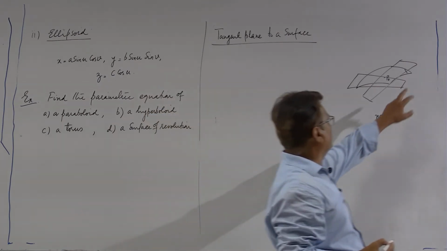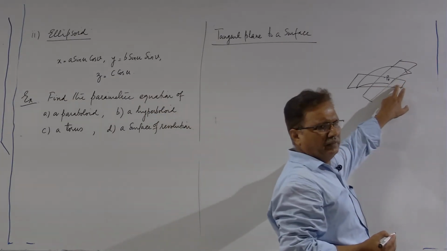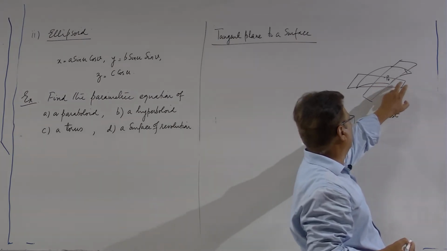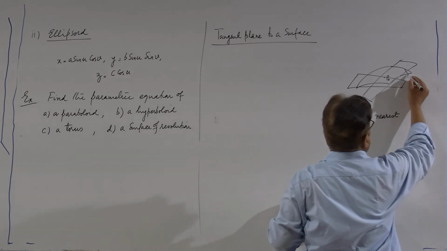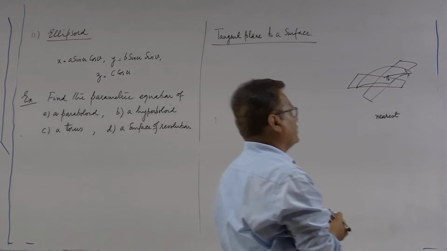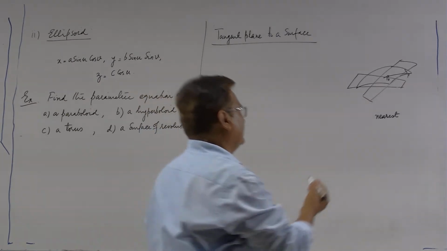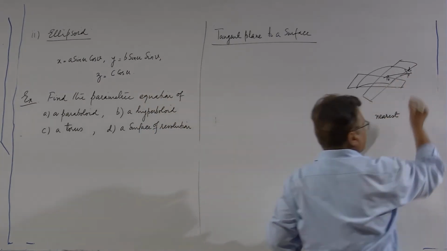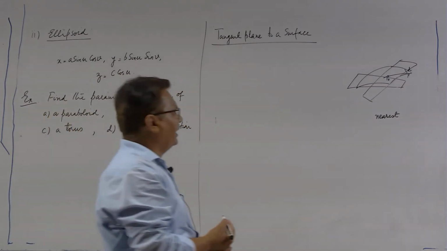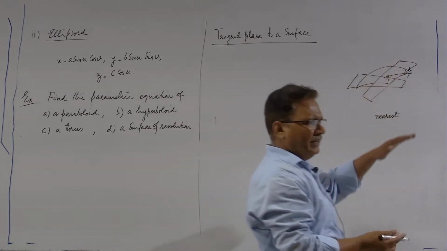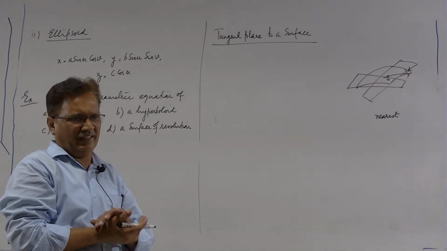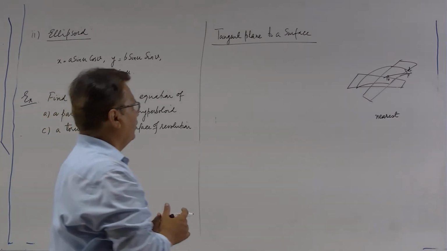If I compute the distance of this point from this plane, it will be larger, and moreover, in the limiting case when P approaches P 0, I would like this distance to go towards 0 faster than the distance P 0 P. This will happen when this tangent plane sits close to the surface. This is basically the idea. We will put it more formally.